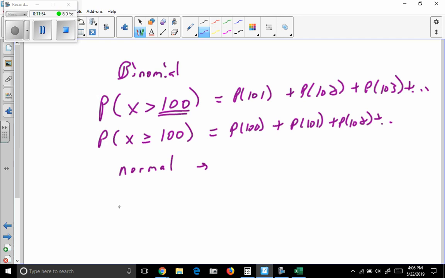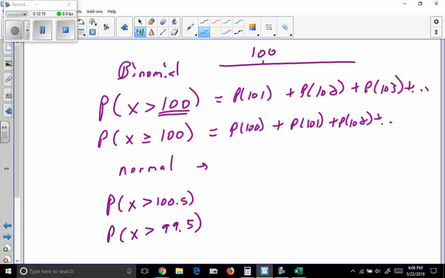So for one of these, we would do x is greater than 100.5 perhaps, or x is greater than 99.5. Why those numbers? If we're on a number line at 100, we go a half unit above there.